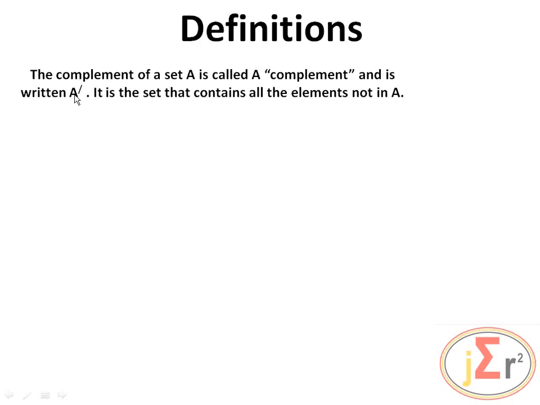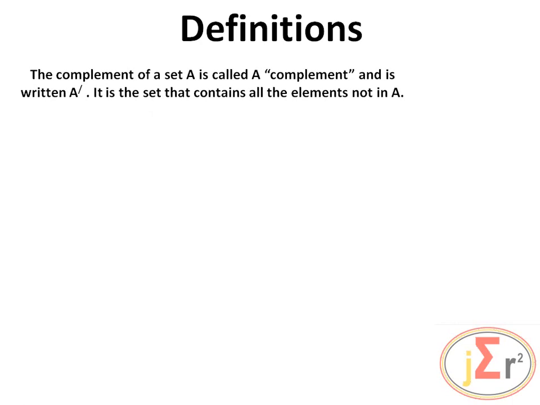If you do Spanish, it should be somewhat of an accent or something that looks like an accent. Or it is something that looks like a slash that is raised, like A to the power of, but the power is a slash. And, of course, that means the complement of A. It is a set that contains all the elements that are not in A.